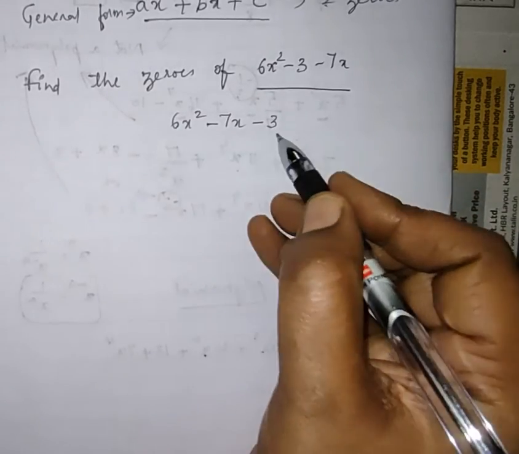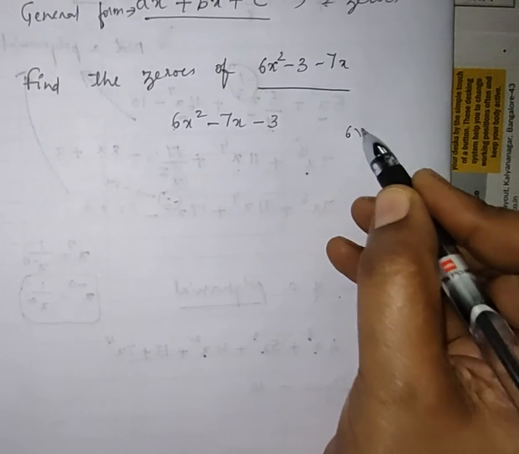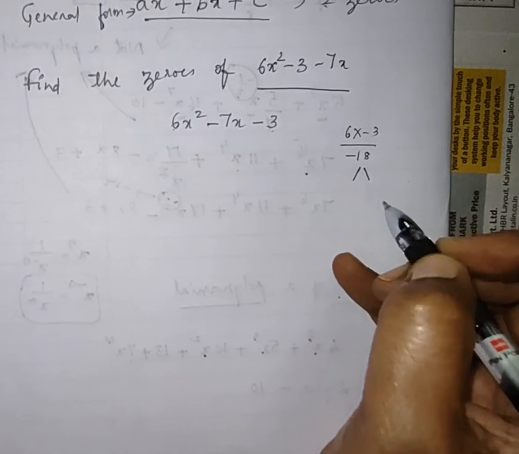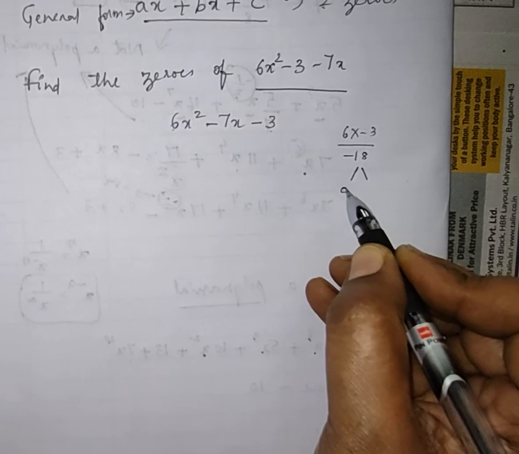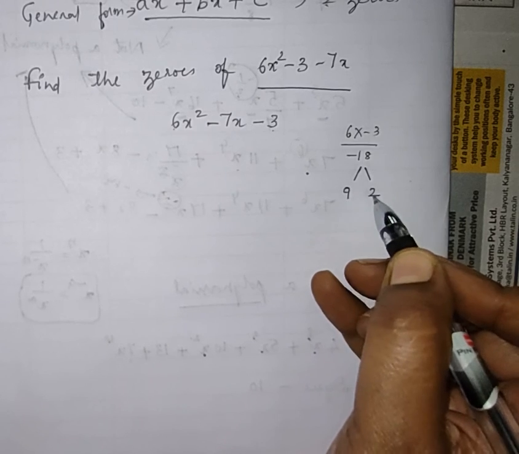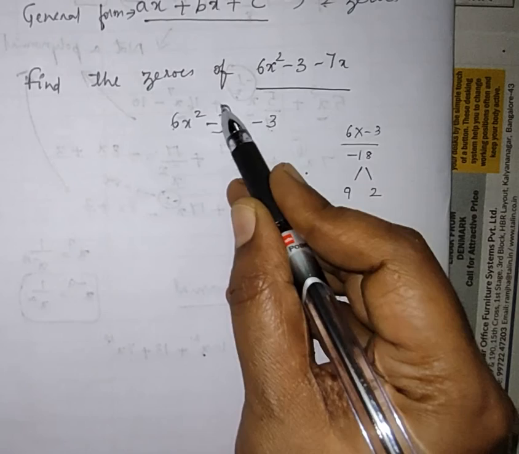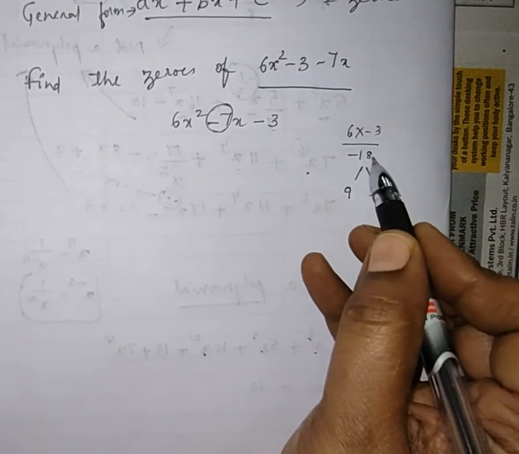Now here you have to go for factorization. 6 into minus 3 will give you minus 18. Find two suitable factors of minus 18. We are going to get 9 twos are 18. When you add these two numbers, we must get the coefficient of the middle term, which is minus 7, and when you multiply you must get minus 18.